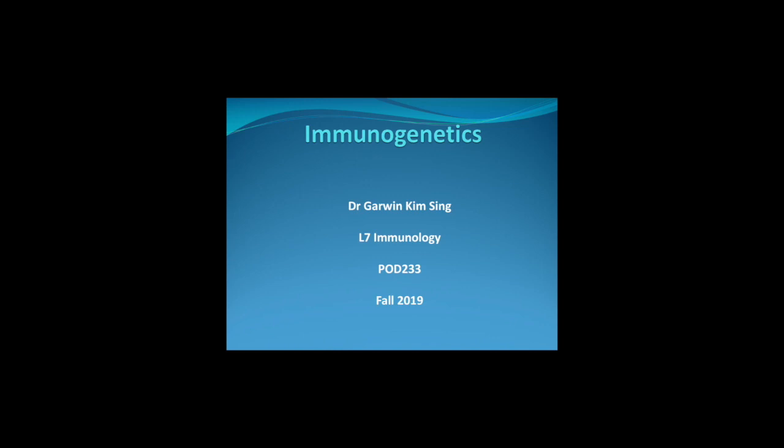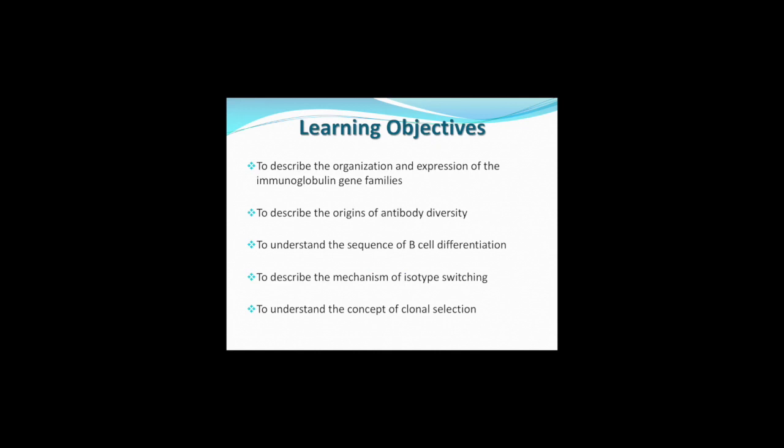In today's lecture, I'll talk about how the system generates such variability in terms of antibody recognition potential. And this involves you recalling what you learned in molecular medicine in terms of DNA transcription and translation.